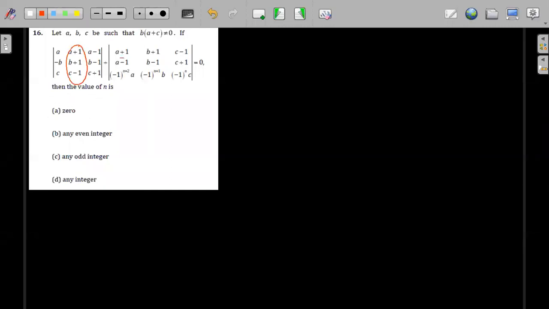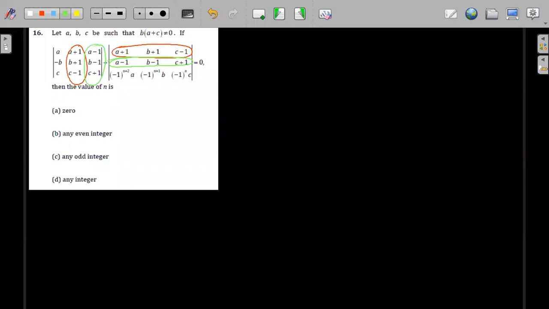Here also we have a plus 1, b plus 1, and c minus 1. In this we have a minus 1, b minus 1, and c plus 1. That means if we look at this, these are rows and these are columns. So one thing we know is that if I take the transpose, then this matrix will get transformed into a determinant somewhat of this form. So I'll take the transpose of this.